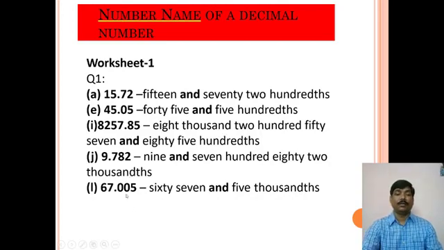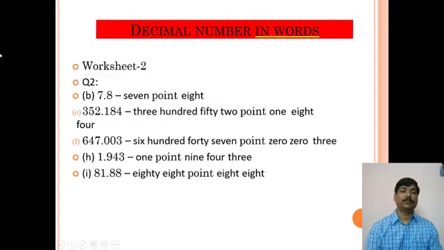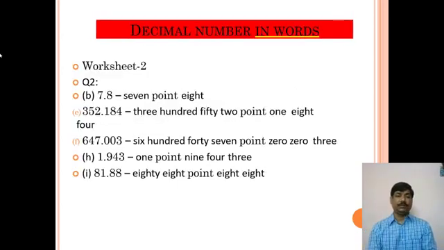Now we can read and write this way, but sometimes we read and write by another method. In questions, sometimes you have to read and write in this way. This is another method.